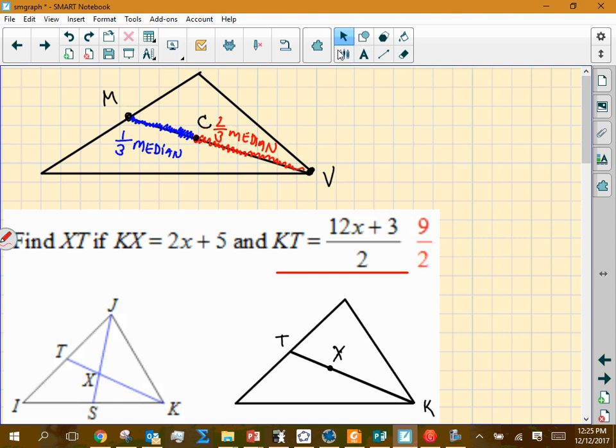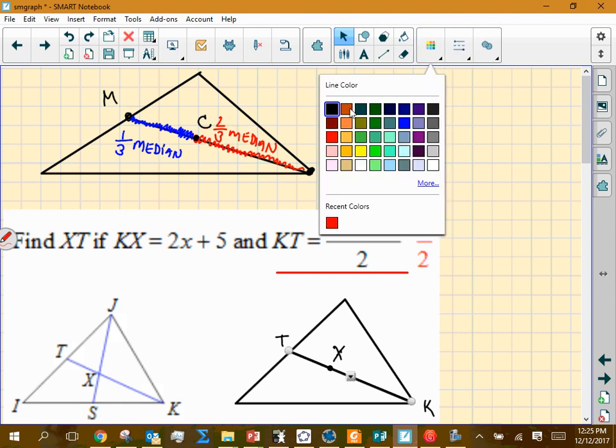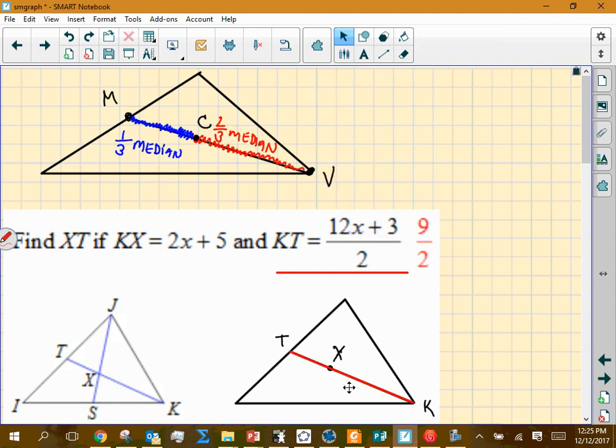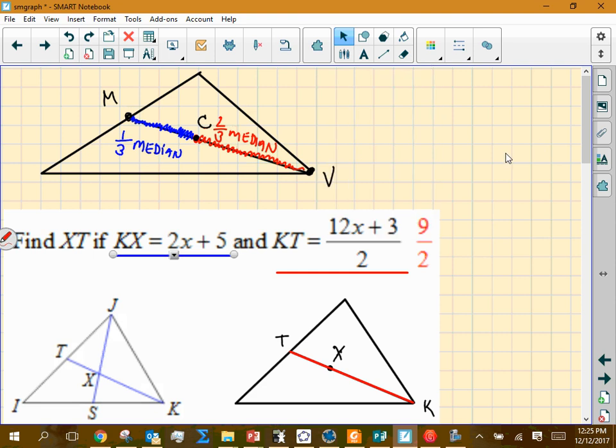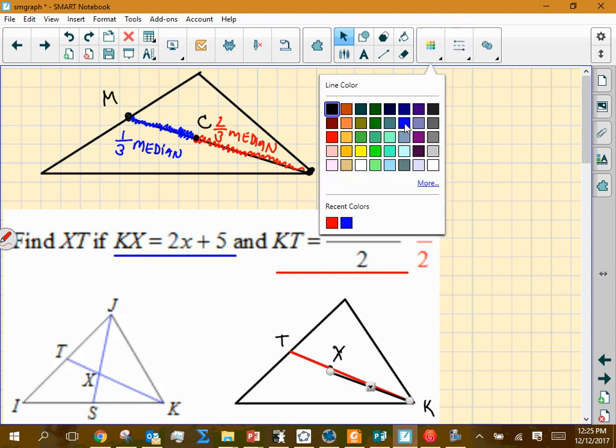So when I look at that segment, that red segment is my median, right? K to X, let's make that blue, okay? K to X is that portion there of my median, right? Is that doable for everybody? Try that again.